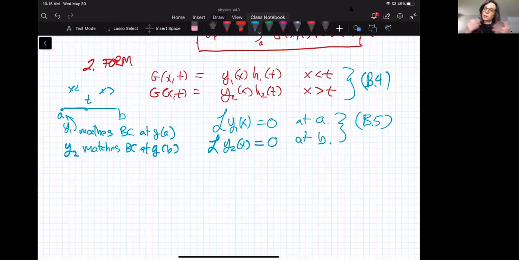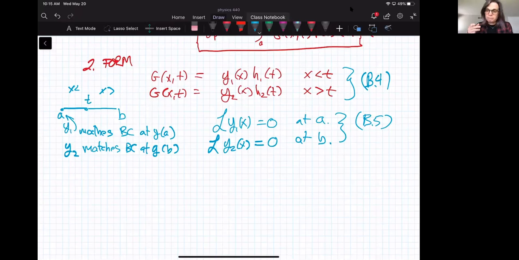The question then is, what are these weights? We want to generate the Green's function. The Green's function isn't the solution. It's the weight or the kernel that goes inside the integral that does provide us the solution. And so the way to write this goes back to the Wronskian.